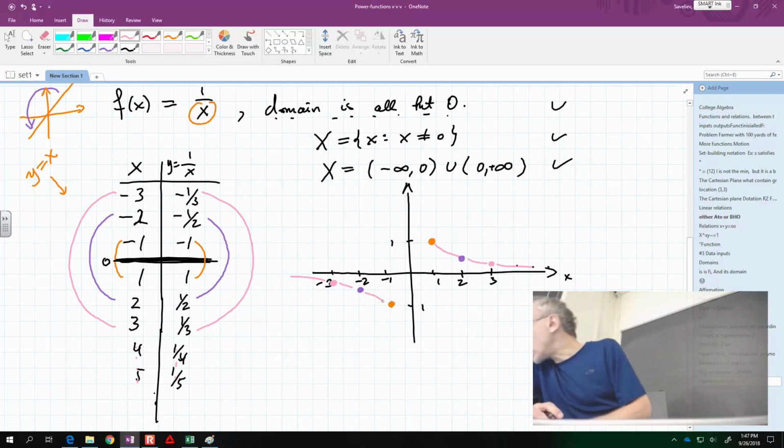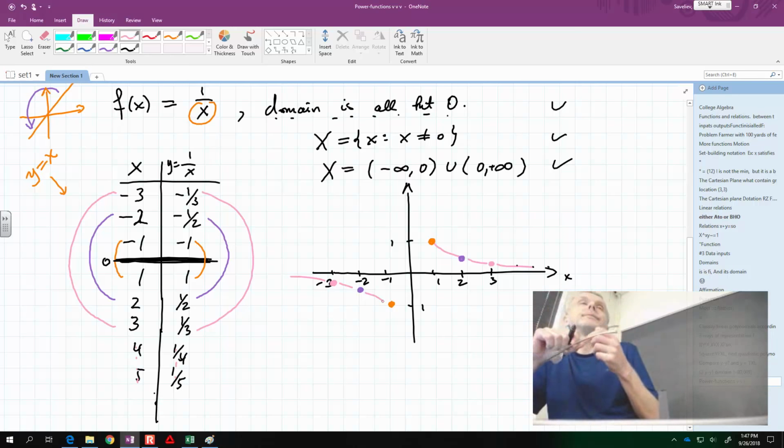Okay, so what remains? What's left of the graph that we haven't taken care of? As it's approaching the y-axis.